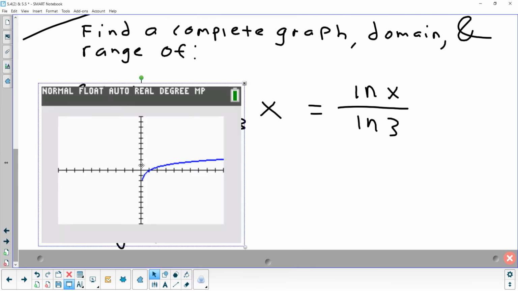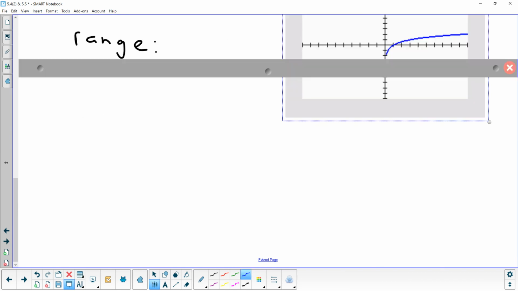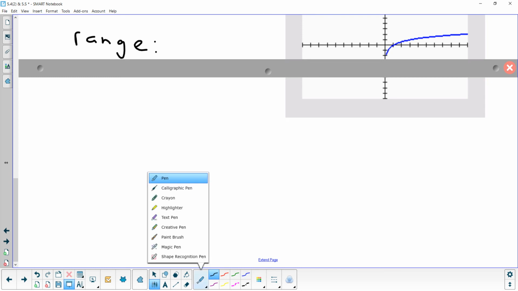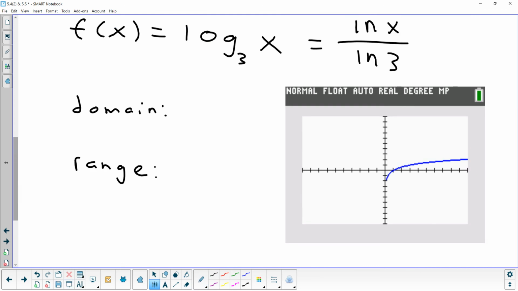And remember that this graph really should look like that. That's how it should look.